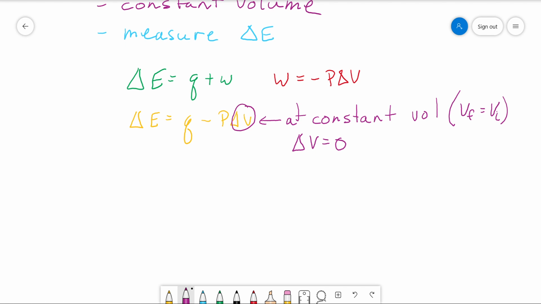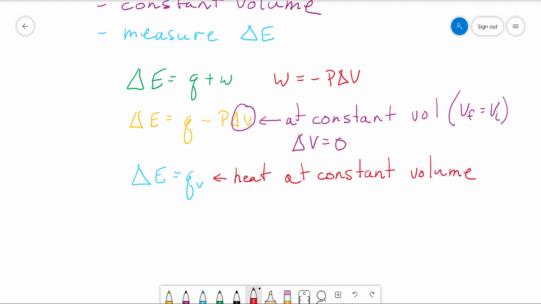So the reason we measure internal energy is because calorimetry measures heat flow, and Q is heat, and we give this a Q sub V. Okay, that means it's heat at constant volume.